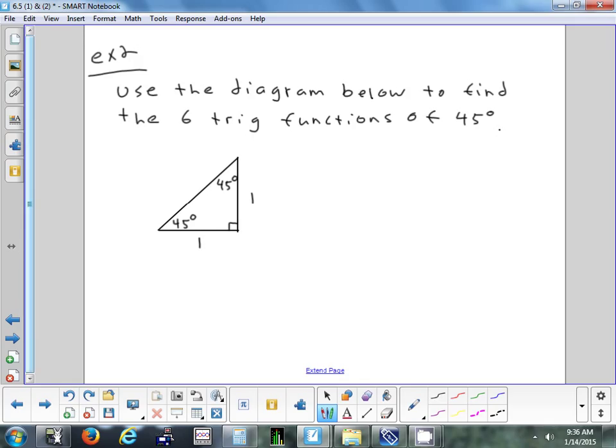Find the hypotenuse. Anybody tell me what the hypotenuse is going to be here? Yep, square root of 2. It's just 1 squared plus 1 squared, and take the square root. Don't round that off. What kind of triangle is this besides being a right triangle?